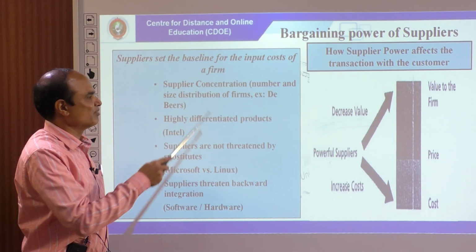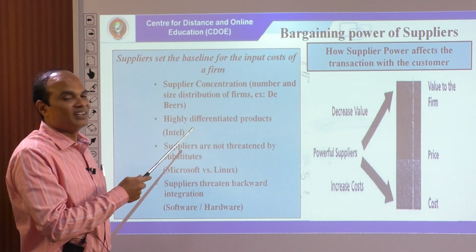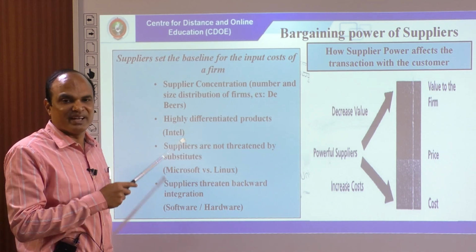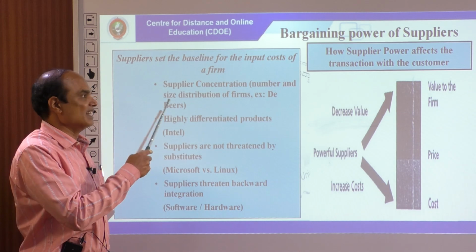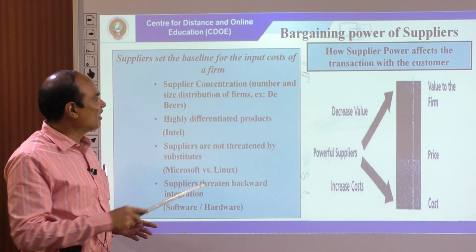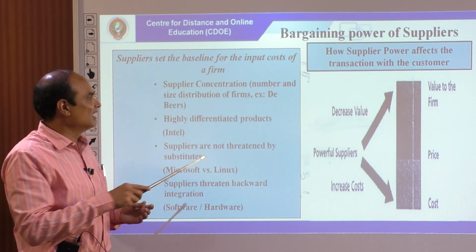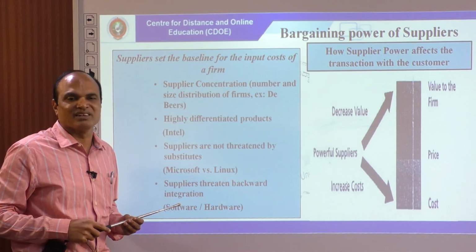The number and size distribution of firms is less. So, De Beers can always fix the price of diamonds and enjoy, because there is no competition for the natural diamond. Even if there is competition, it is very little, and it will hardly make any impact on De Beers.